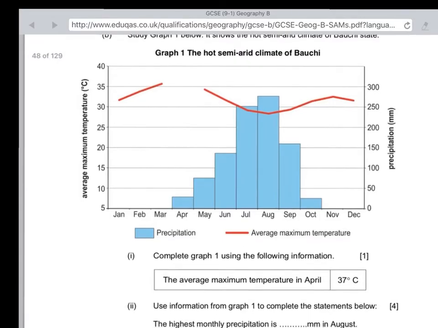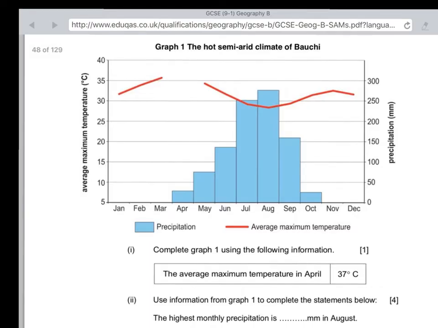It's a typical hot desert, semi-arid climate. If you have a look, it's hot all year round, doesn't have much of a temperature range. What's that? Probably about 8 or 9 degrees, and it tends to have 1 wet season and 1 long dry season. That's pretty typical. You've seen lots of things like that when you've been looking at the savannah, for example.